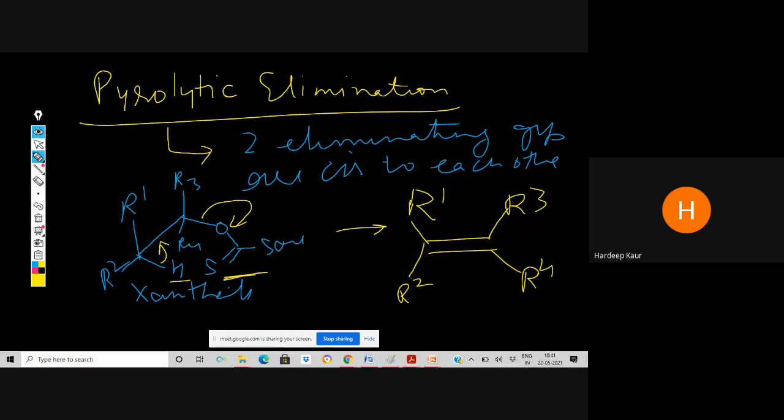Okay. Now let us take the effect of conformation on the reactivity of cyclic compounds.